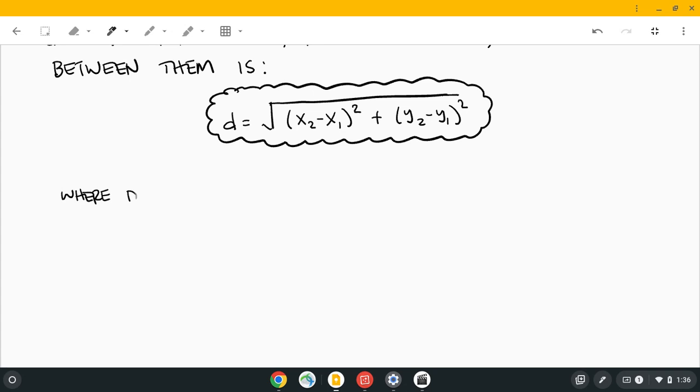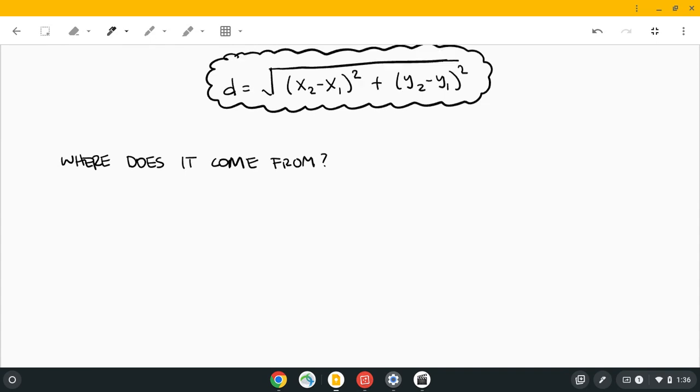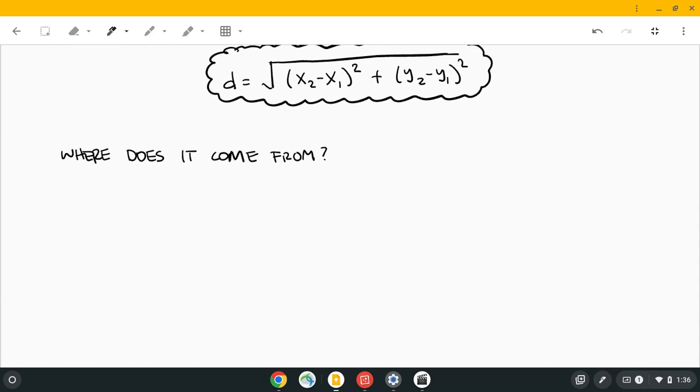Where does it come from? Okay, so let's take a look and see how this distance formula comes from the Pythagorean theorem. All right, so suppose that you have a point over here. So let's call this our first point, x1, y1. And the second point is over here, so we'll call this x2, y2.